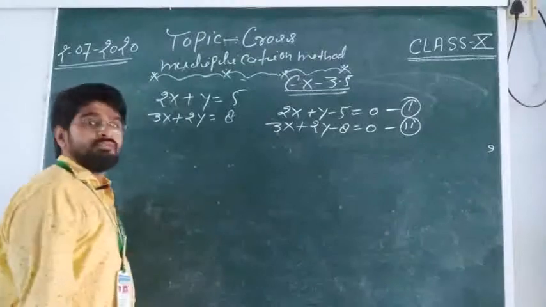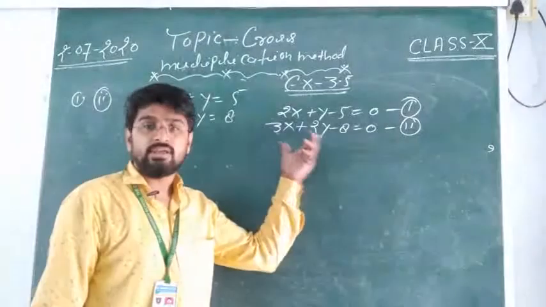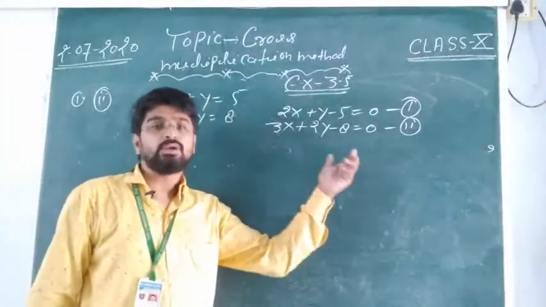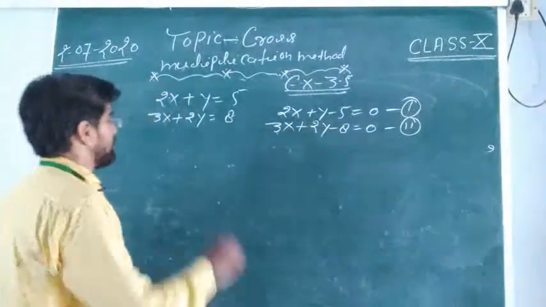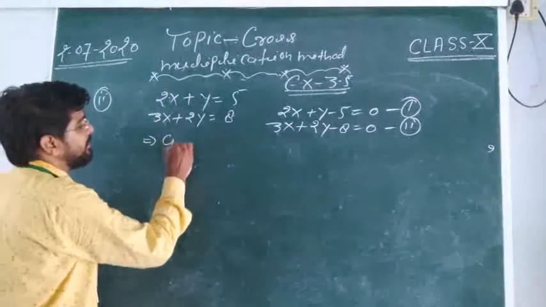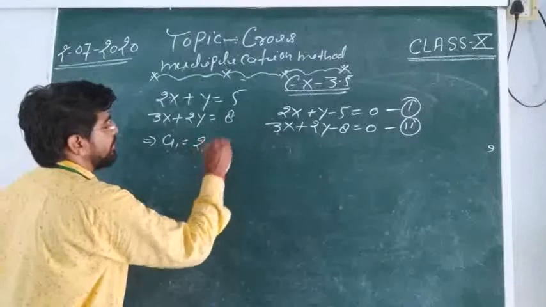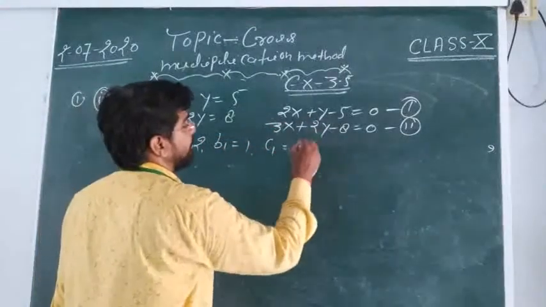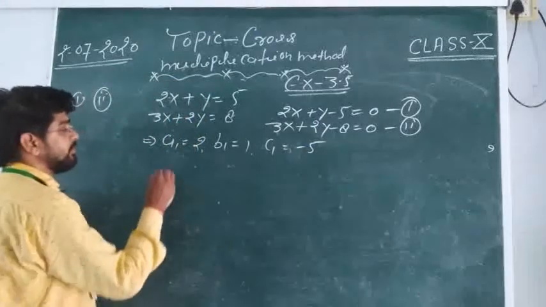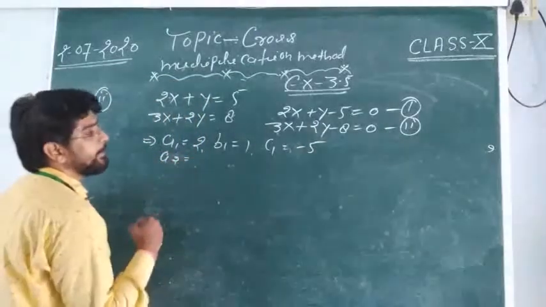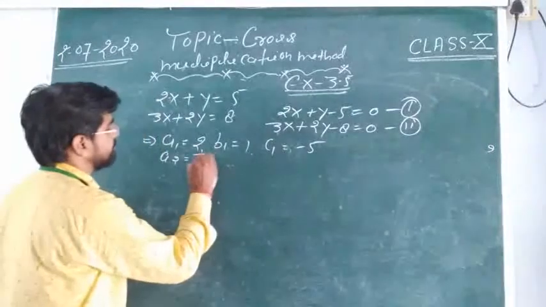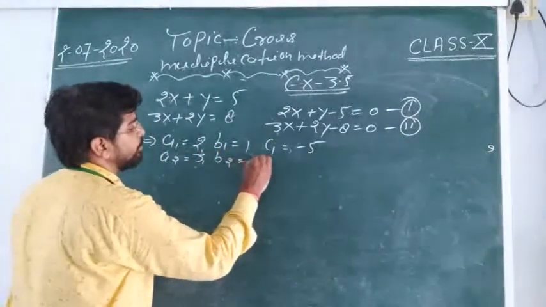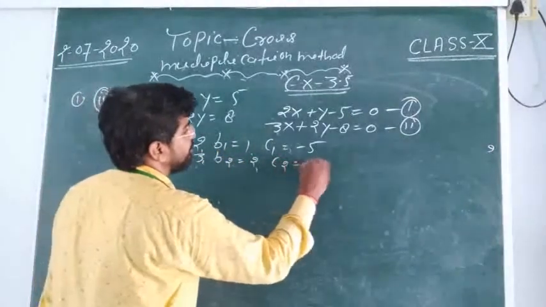Now student, we will write the values of a1, a2, b1, b2 and c1, c2. Then see, a1 is equal to 2, b1 is equal to 1, c1 is equal to minus 5, then a2 is equal to 3, b2 is equal to 2, and c2 is equal to minus 8.